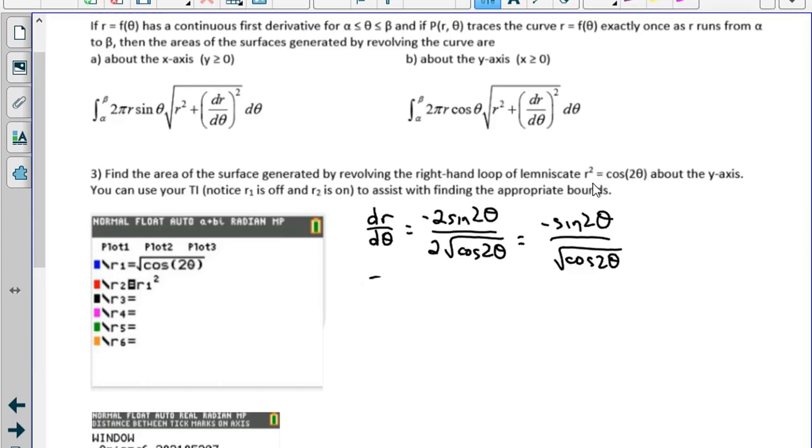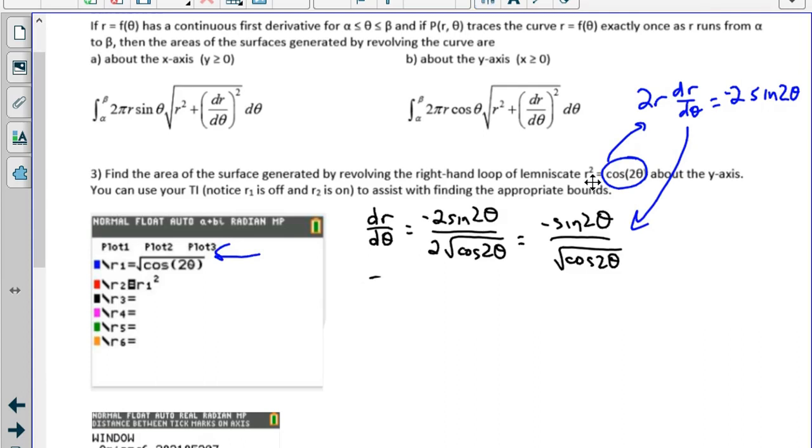So I could have done 2r dr/d theta equals negative 2 sine of 2 theta. And then I could have divided by 2r, and then I could have replaced r with this, and I could still end up with the exact same answer. So you could have calculated it from here, or you could have calculated it from r squared. Either one is fine.